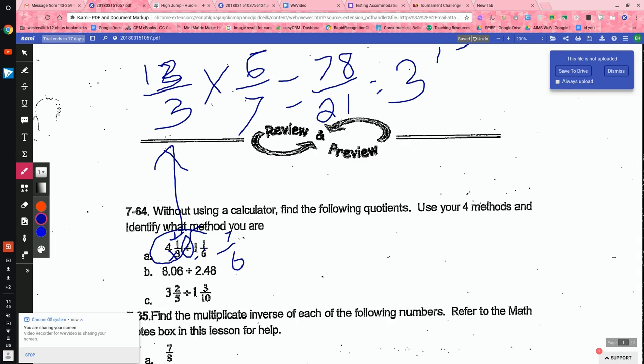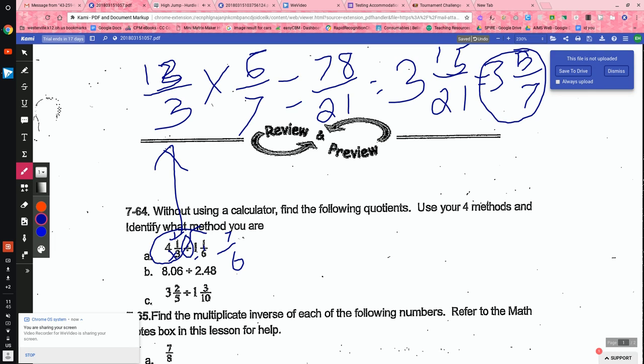Over 21. And then we notice that 15 and 21 have 3 in common. 3 times 5 is 15, so we get 5, and then 7 times 3 is 21, so we get 7. We get our reduced simplified answer of 3 5/7.